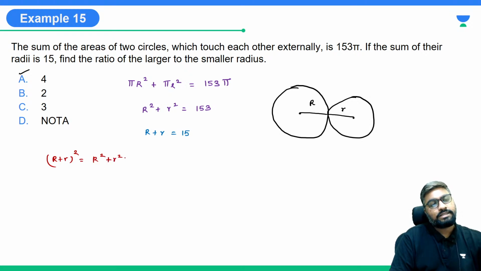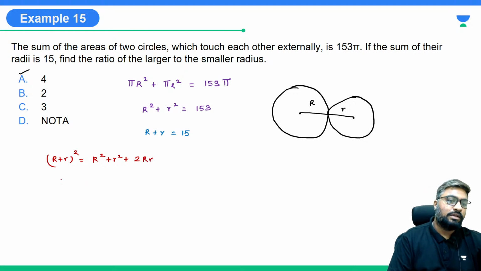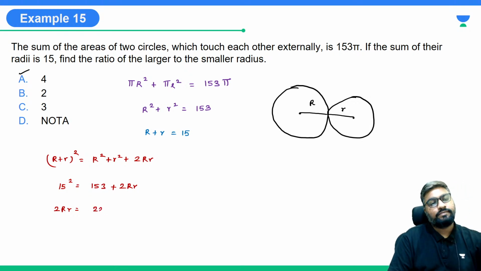R square plus r square plus 2 times R into r. This is 15 square is equal to 153 plus 2 times R into r. So 2 times R into r is 225 minus 153. Is it making sense?